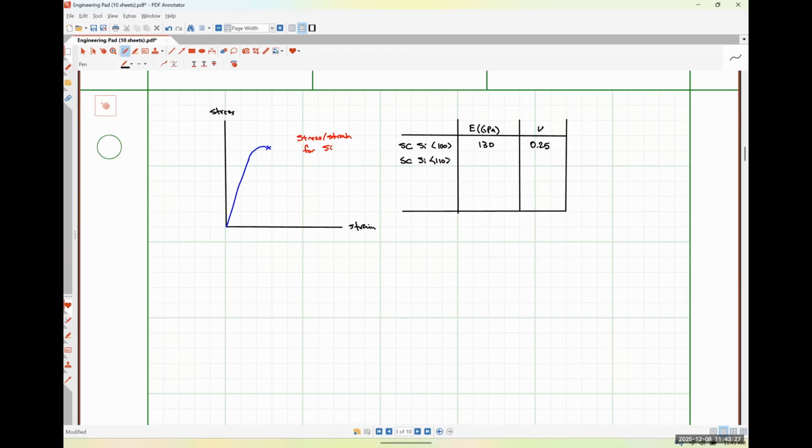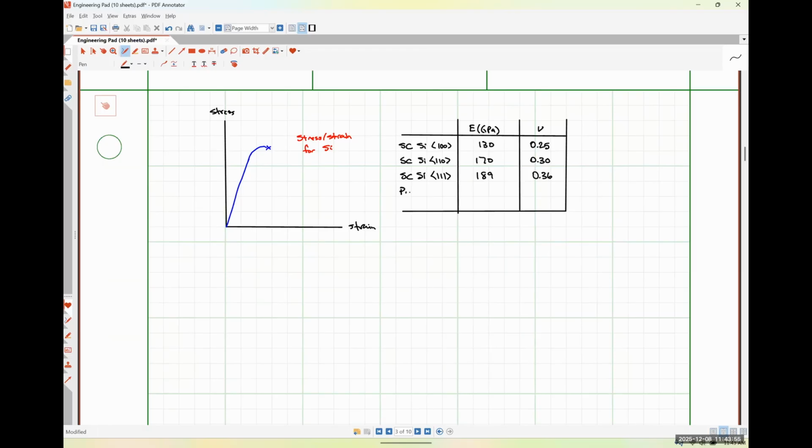family of planes of crystal silicon as our surface material, it has a Young's modulus of 170 gigapascals, Poisson's ratio of 0.30. The 111 family of planes has a Young's modulus of 189 gigapascals, 0.36 Poisson's ratio.